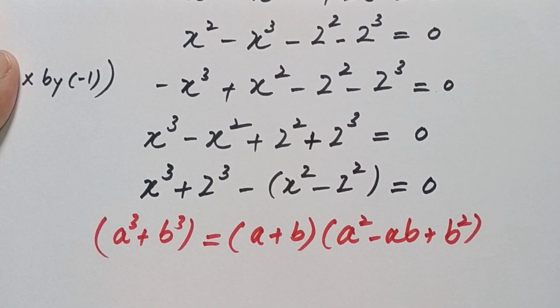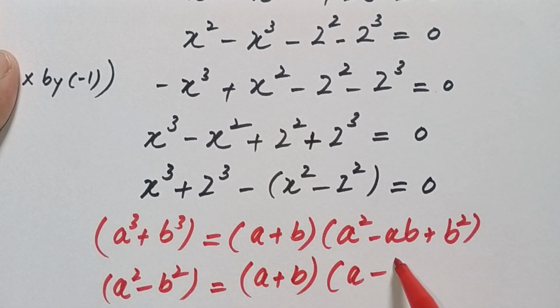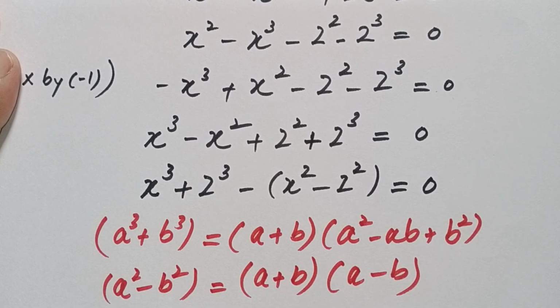The next identity is for the difference of squares: a square minus b square can be written as a plus b times a minus b. So I'm going to use these two identities in the next step.